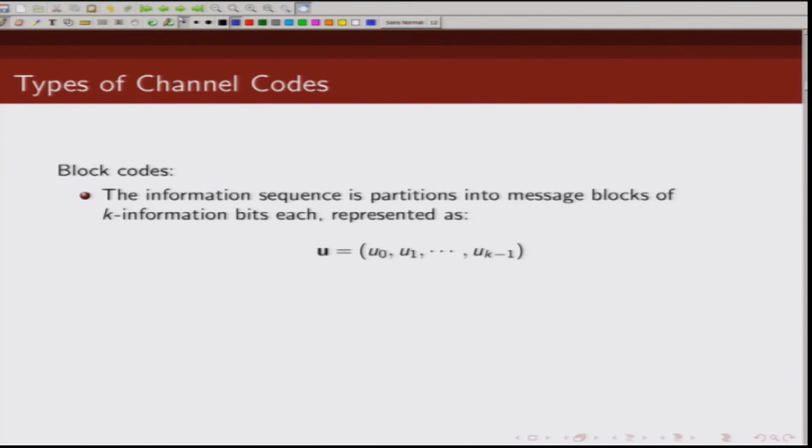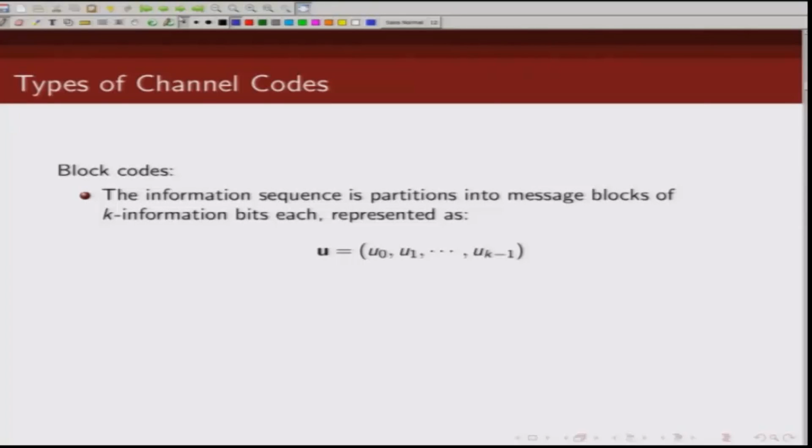So we will start with block codes. As the name suggests, in block codes we take a block of k bits and map it to an n bit code word. Our information sequence is parsed into blocks of k bits, and we take each block of k bits and map it to a block of n bits.